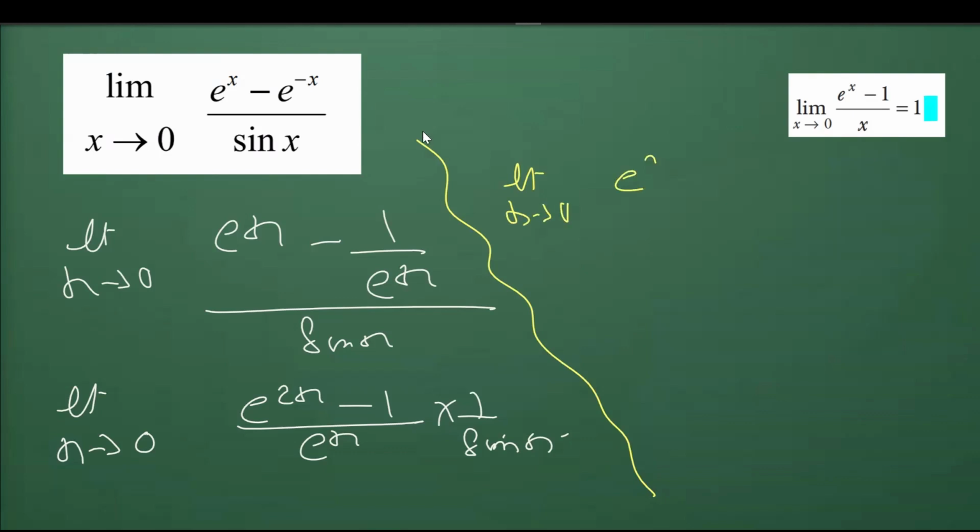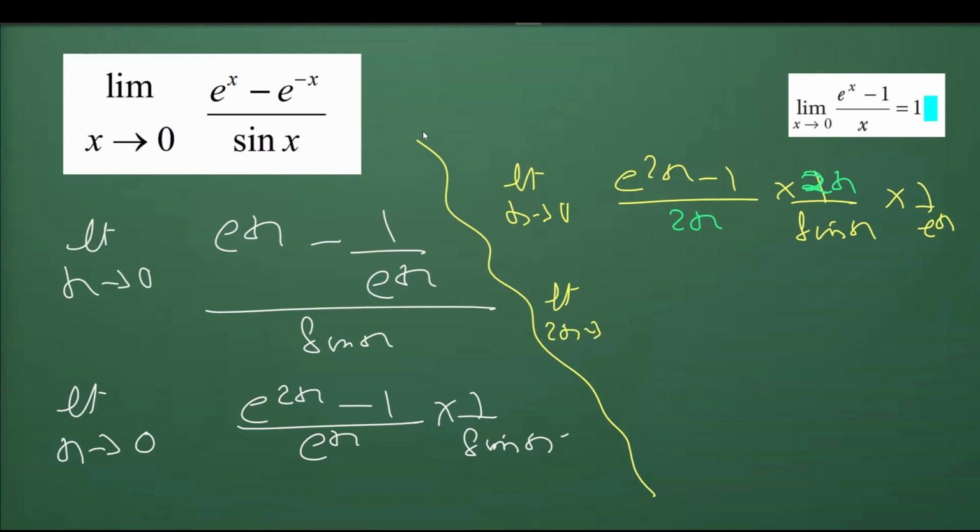Next, I'm going to rewrite this to frame the identity. First I'm rearranging it. Let me write first this as sin x, and then we have 1 over e raised to the power x as it is. Now to frame the identity, I'll multiply and divide by 2x. So for the first part, I'm going to apply the limit separately, as x tends to 0, so 2x also tends to 0.